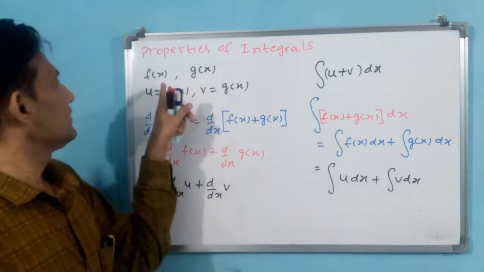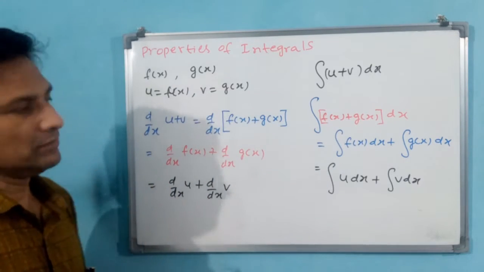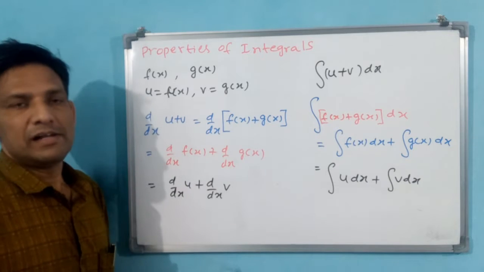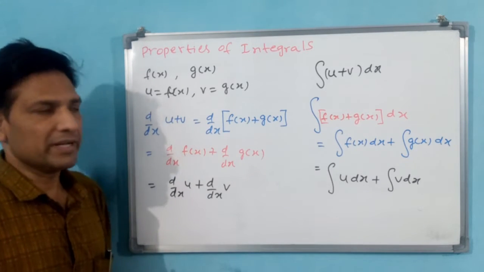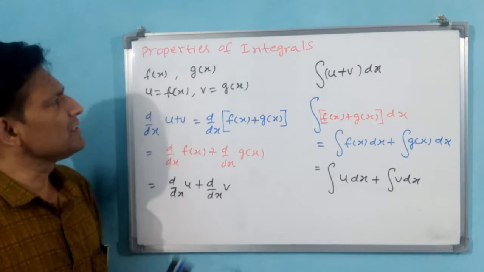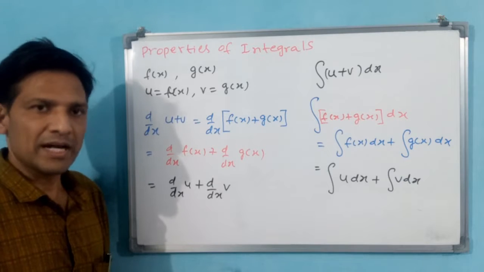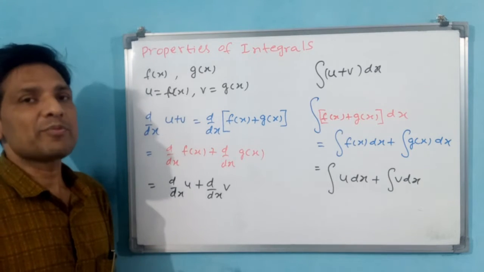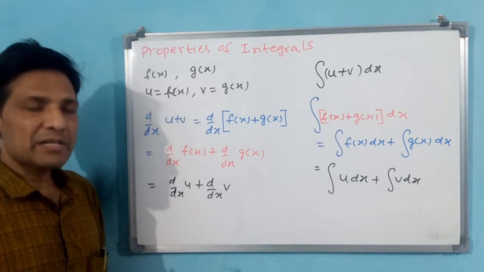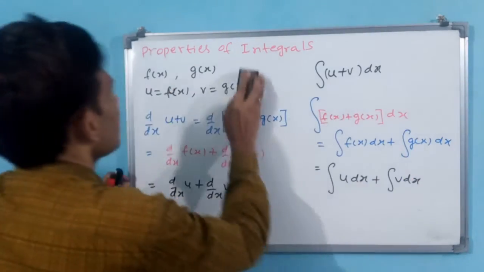Because u, v are f of x, g of x, and u and v are not constants. Okay, this is one property, note it down. Another property also we will see. This property you can write for addition and subtraction. Another property we will take is multiplication with a constant. Let us see that also.